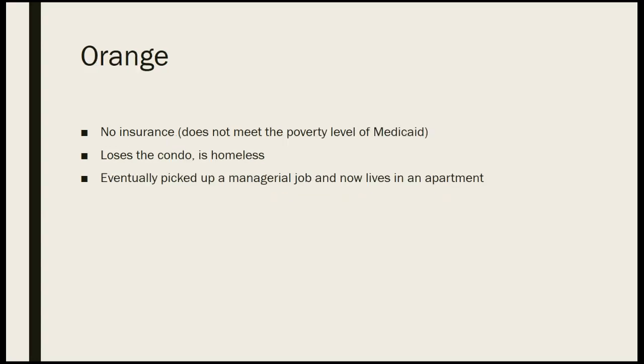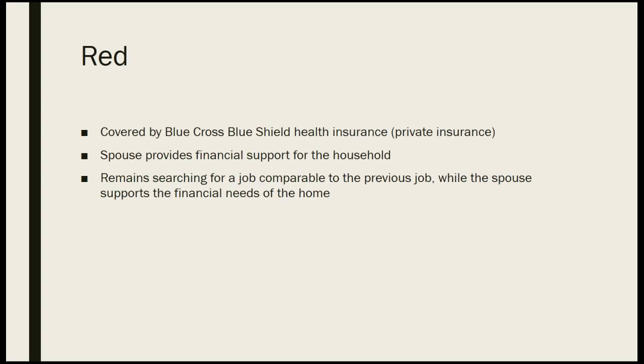Now if you're orange, you have no insurance at all because you do not meet the poverty level of Medicaid. You lose the condo, and unfortunately you are now homeless. But then eventually you pick up a managerial job somewhere, and then you're able to afford to live in an apartment. And those of you that picked red, you are covered by Blue Cross Blue Shield, which is private insurance.